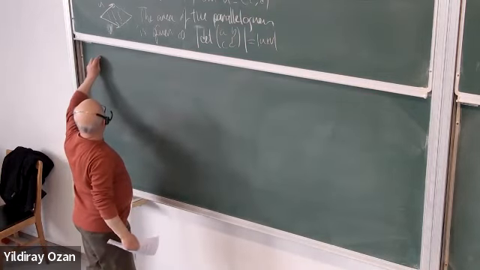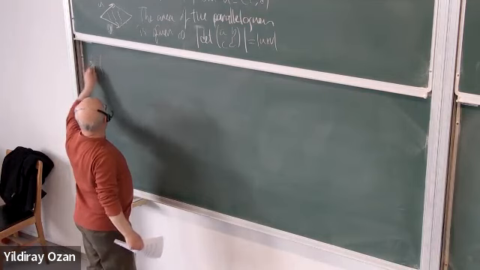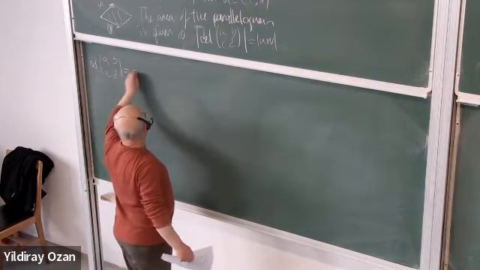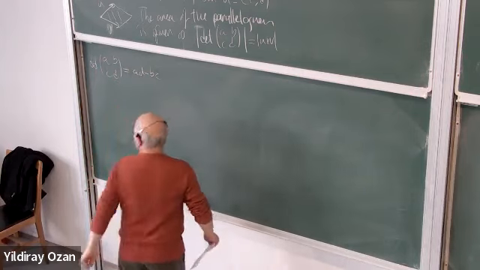Note that the determinant of (A B; C D) is AD minus BC.